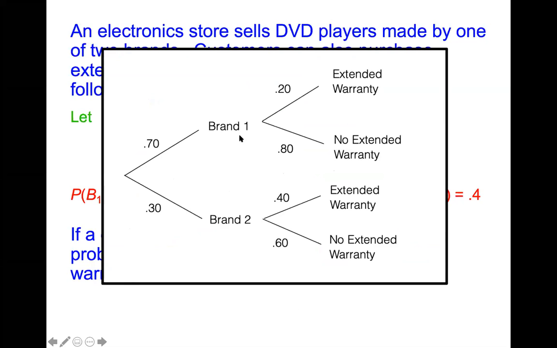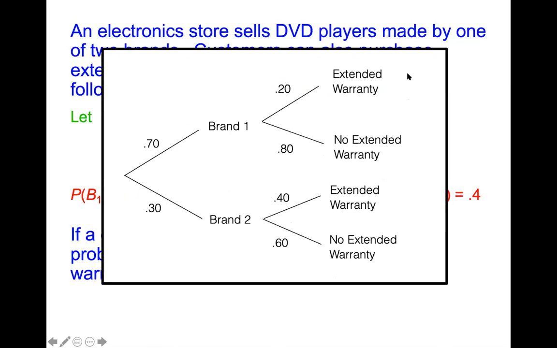So 70% brand 1, 30% brand 2. If they got brand 1, 20% chance they got the extended warranty, so 80% chance they did not. All right. If they got brand 2, 40% chance they got the extended warranty, 60% chance they did not. All right, so that would be my first step. Next, I want to find the probability they got an extended warranty.